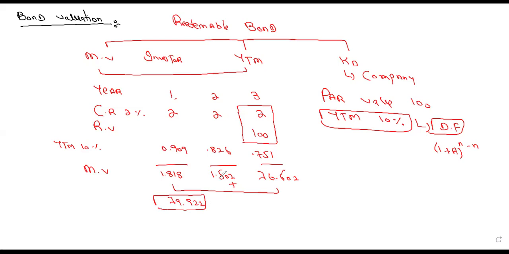For year 2 the market value is 1.652. That is 0.826 multiplied by 2.